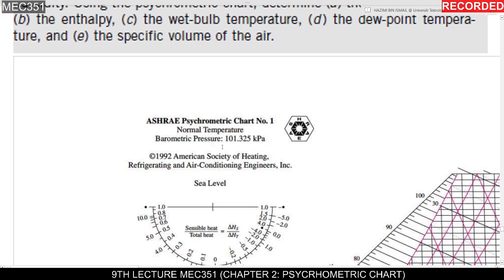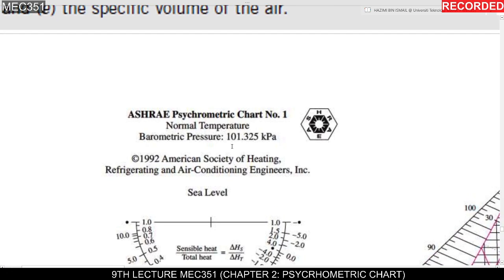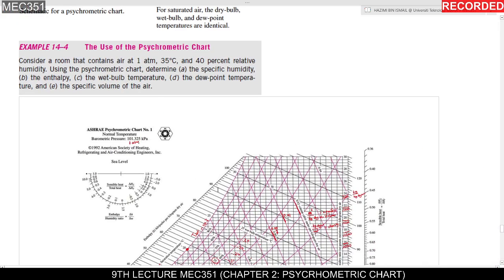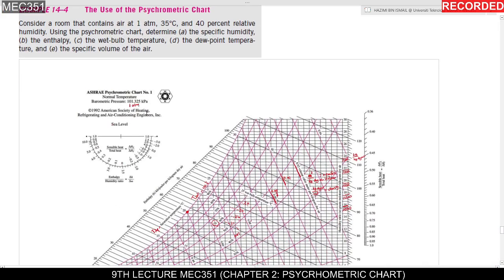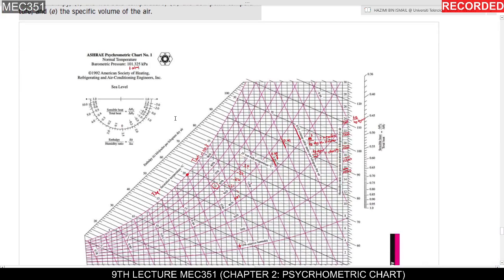If the psychrometric chart says here that it is only for 101.325 kPa, then make sure the atmospheric pressure is 101.325 kPa before using this chart.